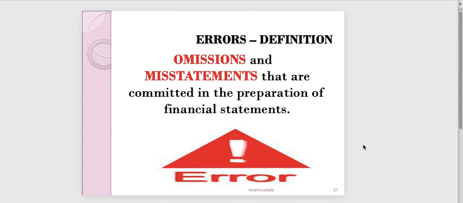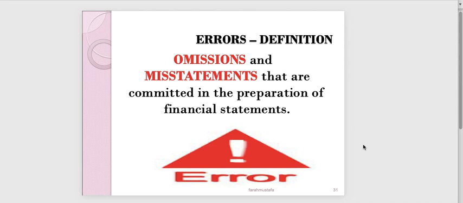Okay, so errors, there are two types of errors. Either the error is a current year error, where the error occurred in the current year and we are still doing the financial statement, we have not finalized the financial statement.